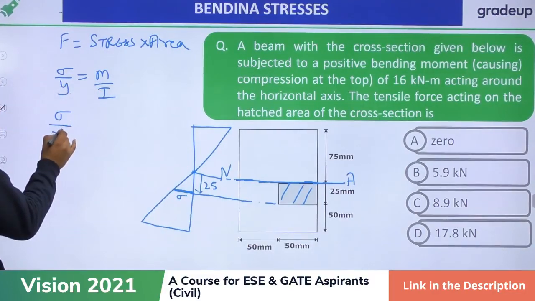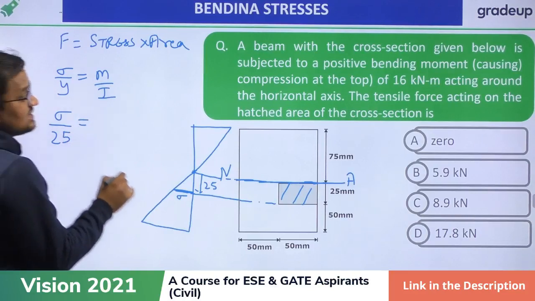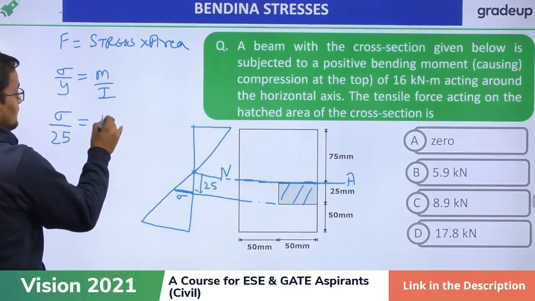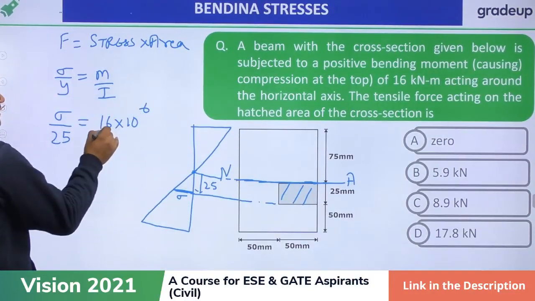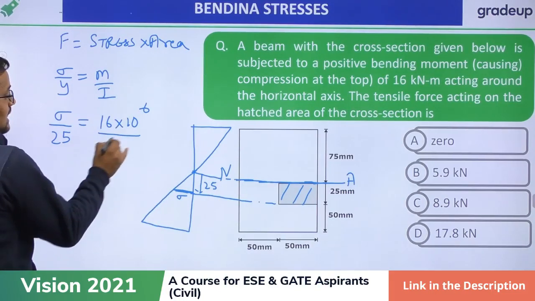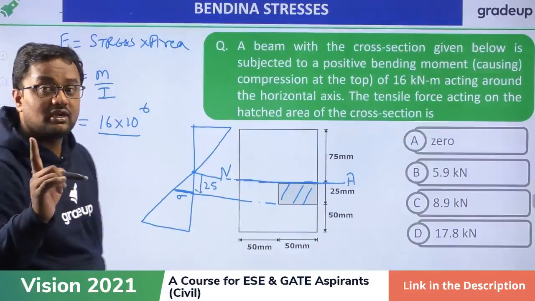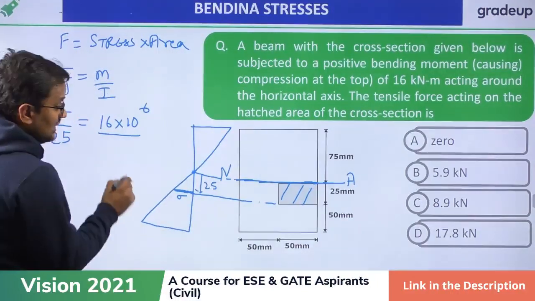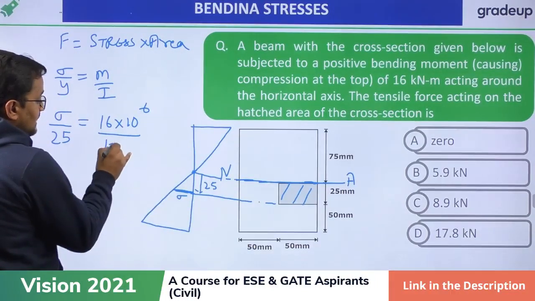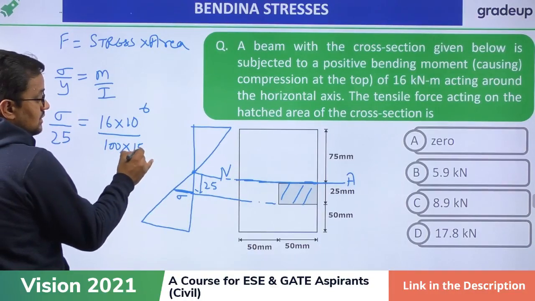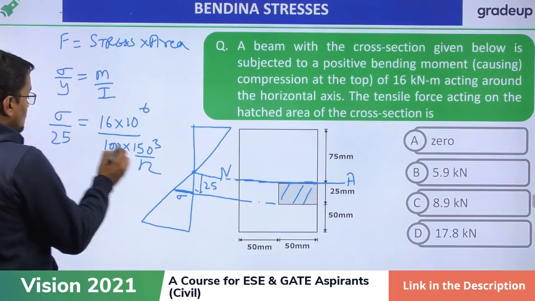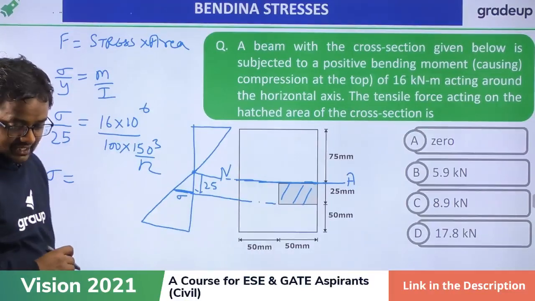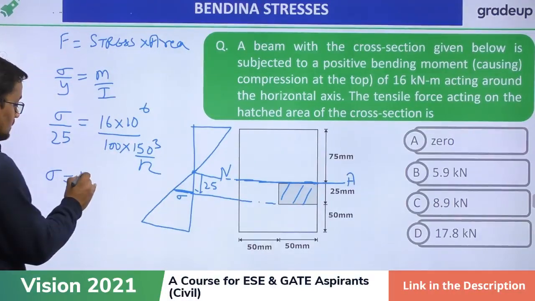Y is the distance from the neutral axis, this is 25. M is 16 kilonewton meter, so 16 into 10 power 6 Newton mm. I is the moment of inertia about the neutral axis, so b d cube by 12. b is 100, d cube is 150 cube by 12. From here you will get sigma as 14.22.